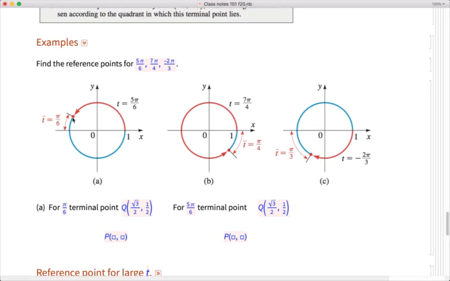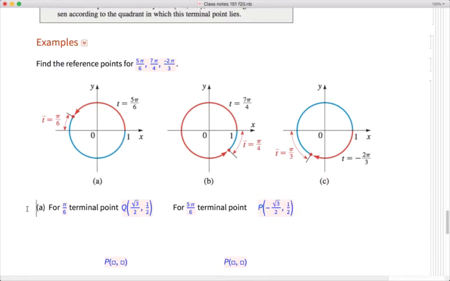I'm sorry, the point P is going to be symmetric here. So instead of at pi over 6 here in the first quadrant, the point P that we're after is over here. So it has a negative x-coordinate. Okay, so all we have to do is negate the x-coordinate, and we'll get the terminal point for 5 pi over 6.